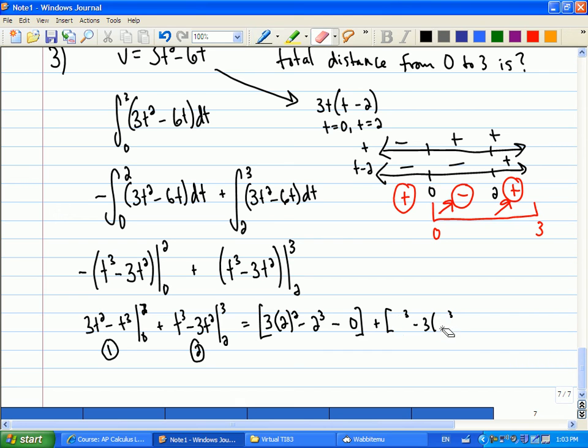Must have got a little excited there. 3 is the first number in that integral. From that, I'm going to take away 3 times 2 squared and 2 cubed.